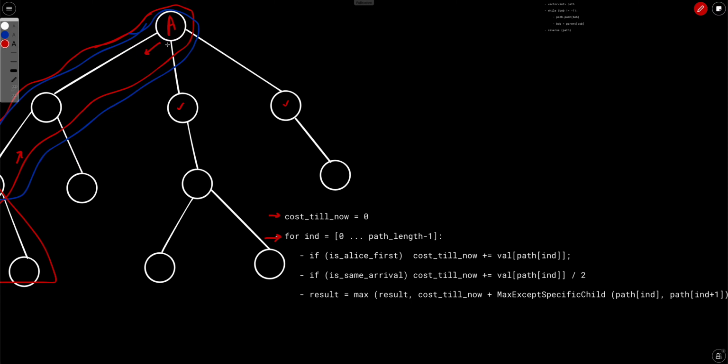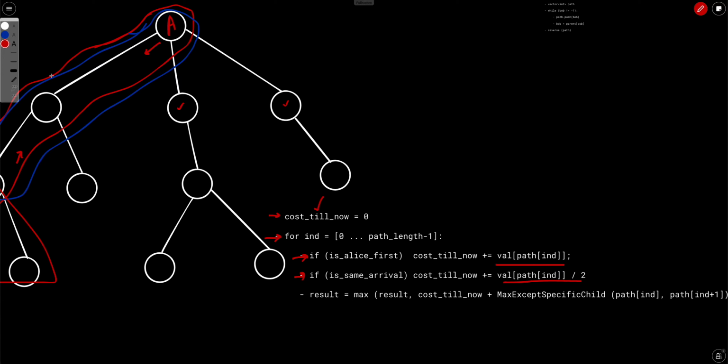The first n by 2 nodes are Alice's, the last n by 2 nodes are Bob's. So as and when we are incrementing our indexes, we keep on checking whether Alice reaches this node first or not. If Alice reaches this node first, we give the entire contribution to Alice, which is this cost. Now if they both reach there at the same instant, we'll just give Alice half the value of the current node.